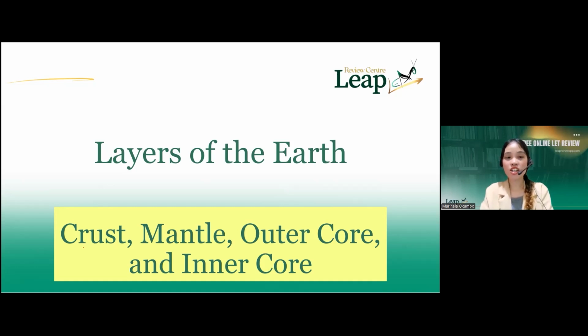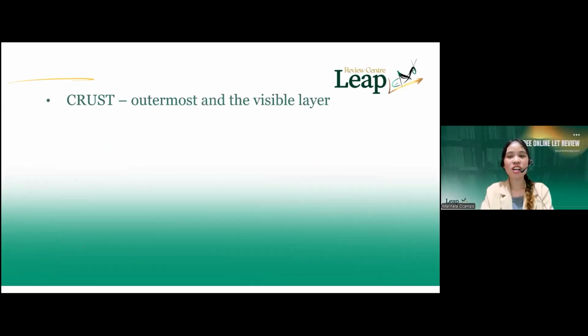But the crust is of course solid because this is the outermost layer of the earth, and we can consider the land as solid in state. So again, just a short review: crust, the outermost and the visible layer of the earth.